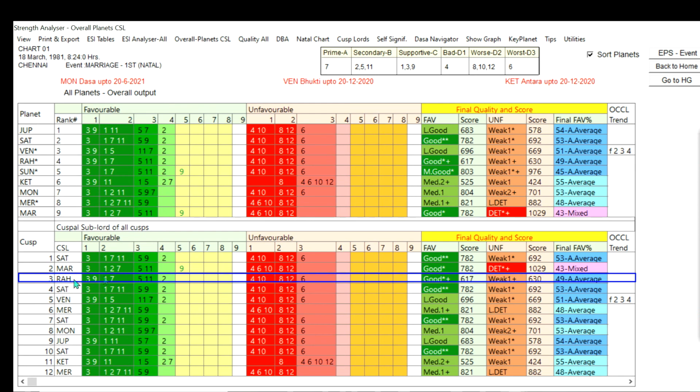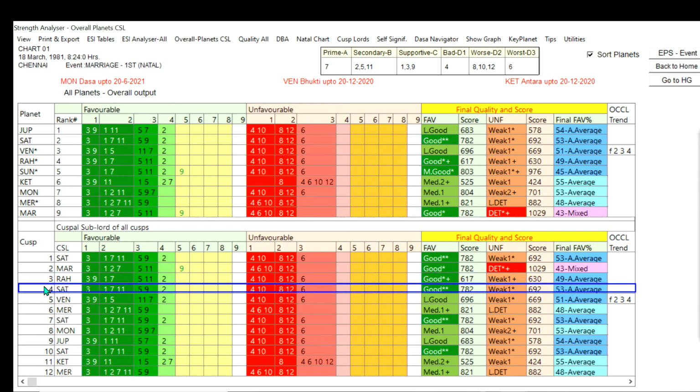What I'm trying to say is that by checking the cuspal sublord of each house, through what cuspal matters that person is going to get favorable or unfavorable results, we can easily identify within this page. This will be more useful in your analysis: which cusp is strongly afflicted, which cusp is strongly supportive to the native for the particular event, or in general as a general prosperity.